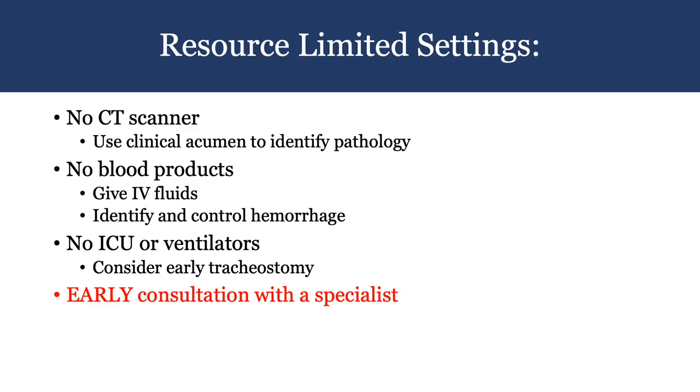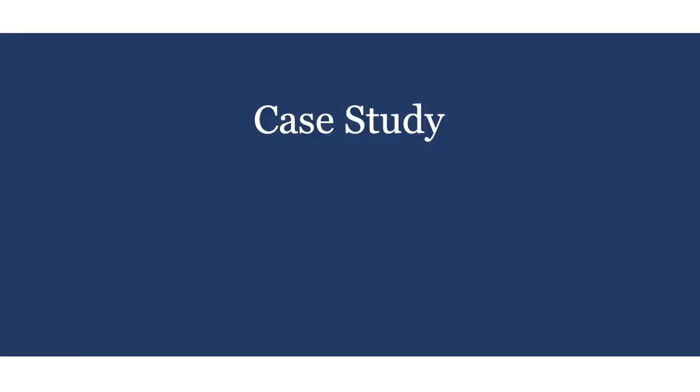If you do not have blood or blood products, give IV fluids and conserve whatever you have by identifying and controlling hemorrhage early. If you do not have ICU or ventilators and you need to maintain a very good airway, consider early institution of a tracheostomy. Always consult early with a specialist needed for the specific trauma.